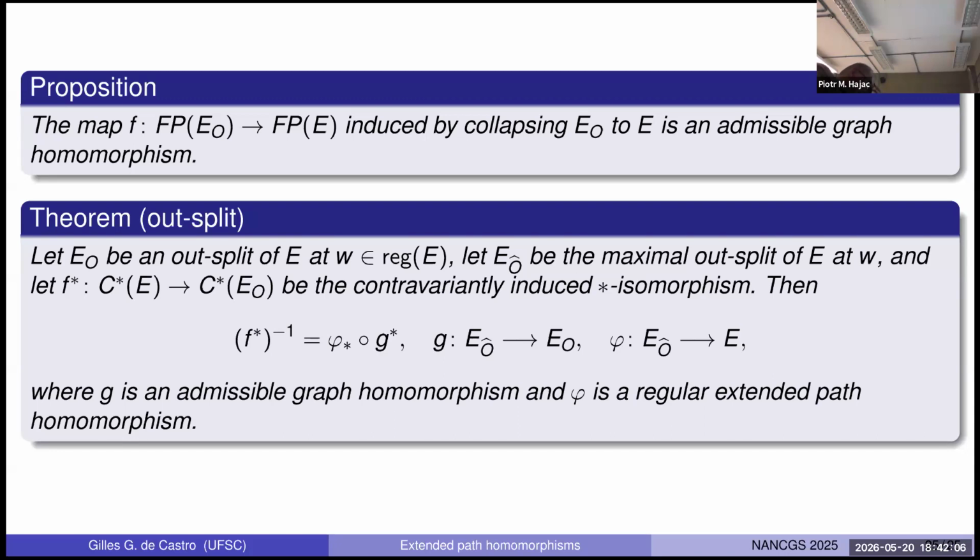And also you cannot use other coefficients. You need just to be one. So you just really need to be a sum of these paths. So for instance, if you look at the gauge action on graph algebras, if you take something which is different from one, then we cannot recover this from the relation or path homomorphism. Of course.